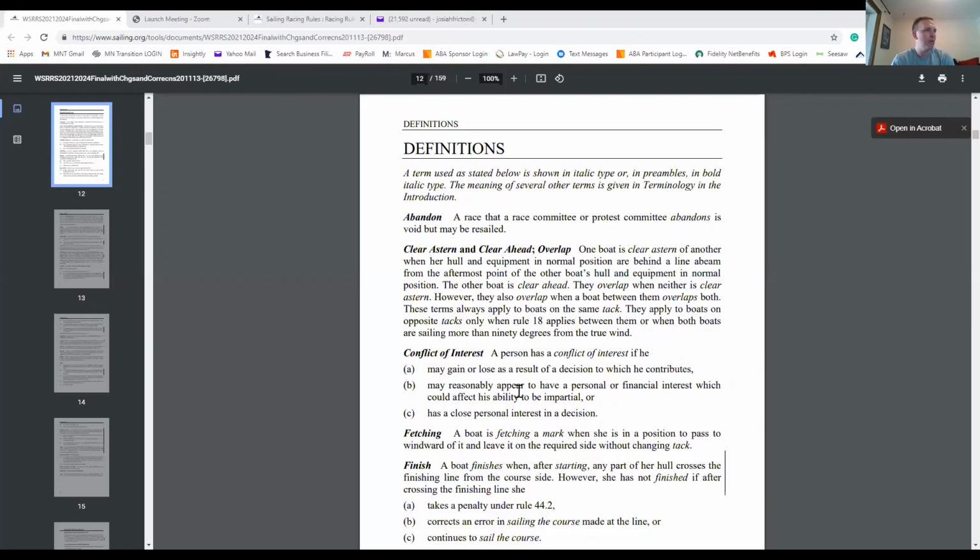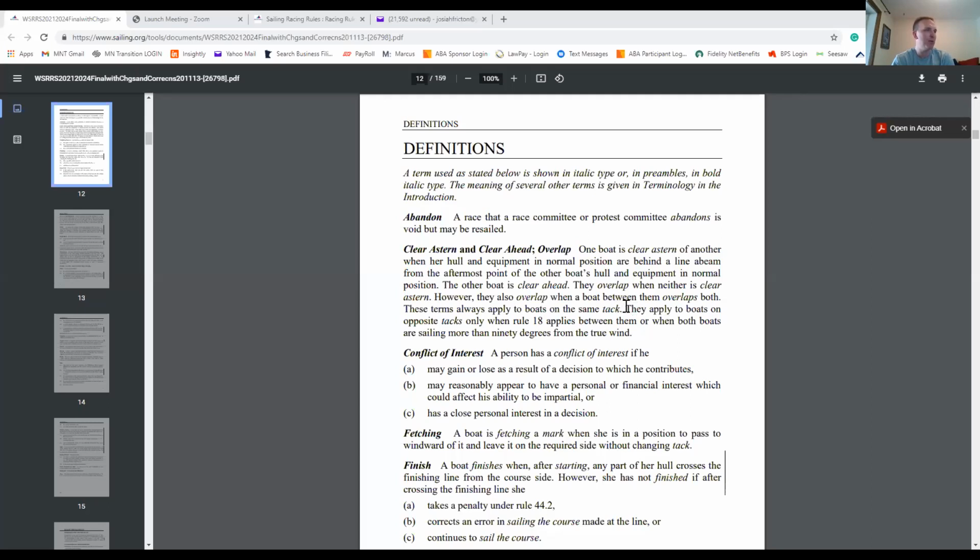Let me show you the definition of overlap, so you can see where that applies. These terms always apply to boats on the same tack.